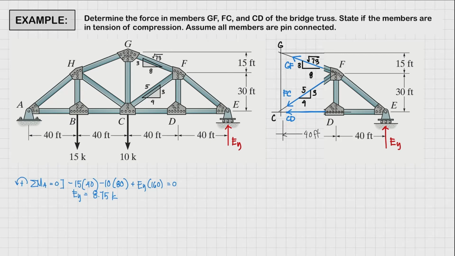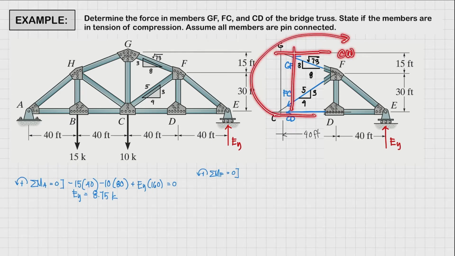Let's start with that. We're going to assume a positive direction of counterclockwise summation of moment at F, and the whole thing must be equal to 0. Alright, so our CD is going to rotate in a clockwise manner, so that's going to be negative. The perpendicular distance is going to be 15 plus 30, 45 feet.